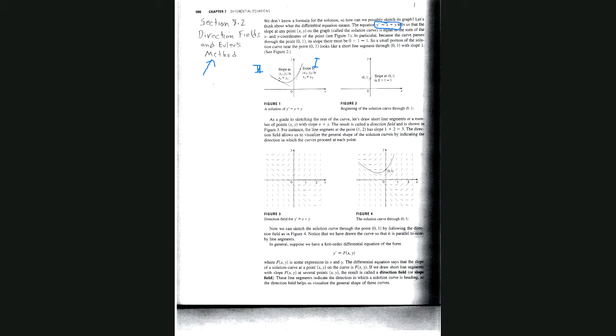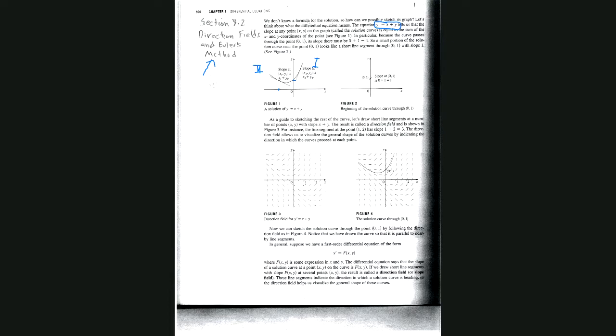That makes sense because the x1 value is negative, the y1 value is positive, but x1 is more negative than y1 is positive, and so the slope there would be negative.